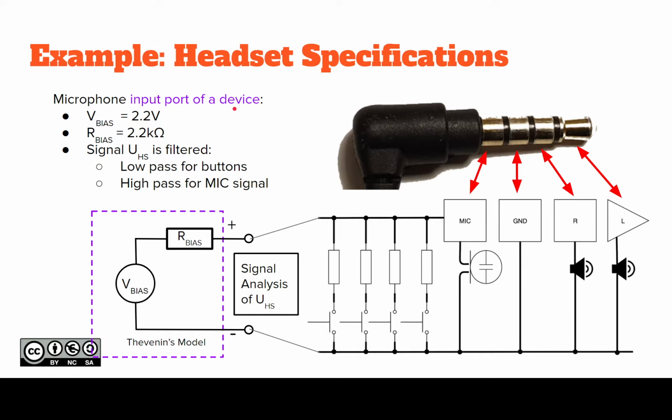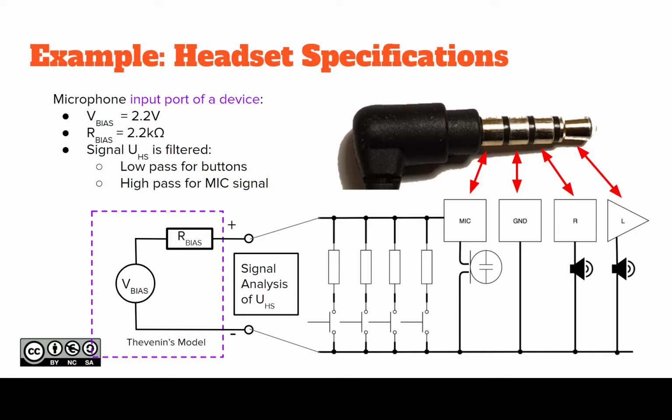The microphone usually is of the electret type, which this symbol shows. It's practically two very thin layers made of conductive material, or actually one is solid and the other one is a membrane on top of the solid conductor. So in principle, it's a capacitor.